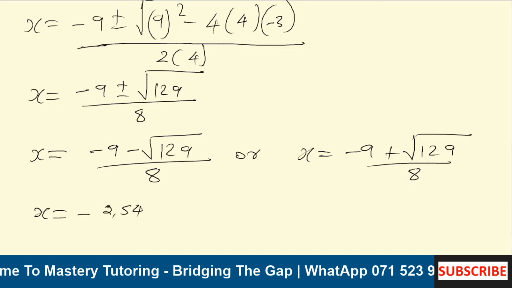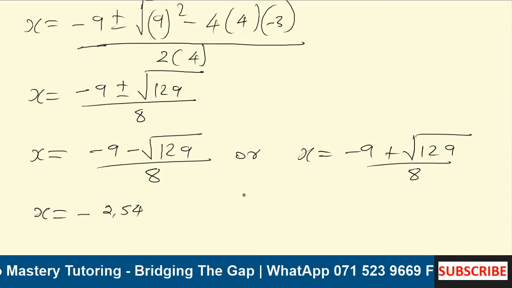We're only going to take two numbers after the decimal comma as per the instruction. So the other is x equals 0.29. These are our roots. So we've solved question 1.1.2.